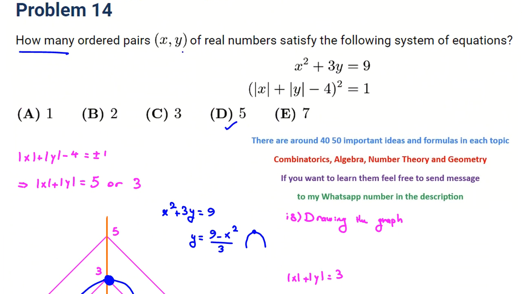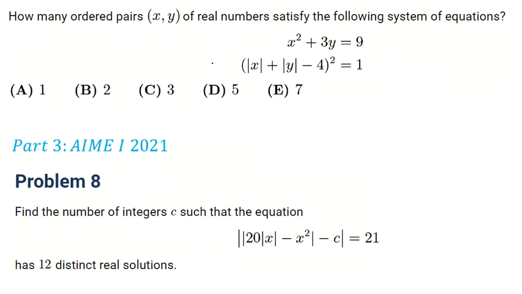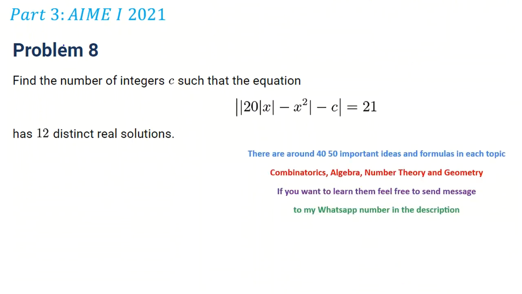Now let's solve the next problem. Let's solve an AIME problem, part 3. In this AIME problem, it says find the number of integers c such that the equation has 12 distinct real solutions. Okay, so look, when we have, for example, absolute value of a equals 2, then a is plus minus 2. By this approach, you can get rid of the absolute value.